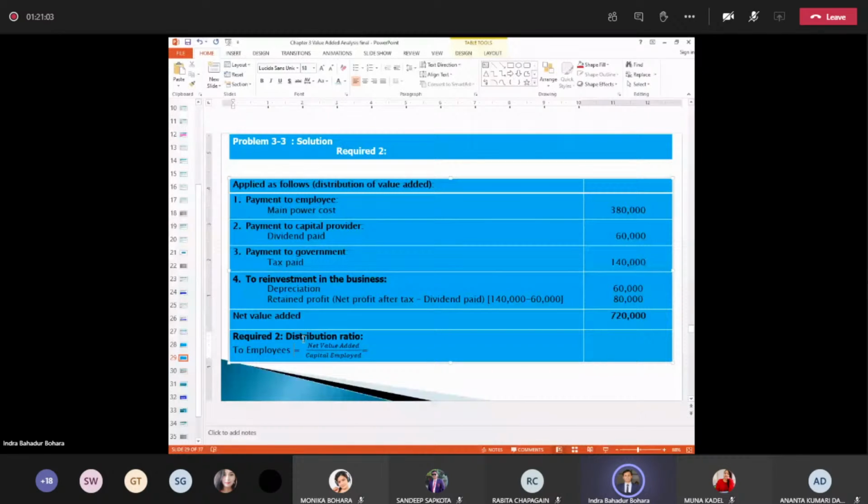This means wages and salary to net value added.